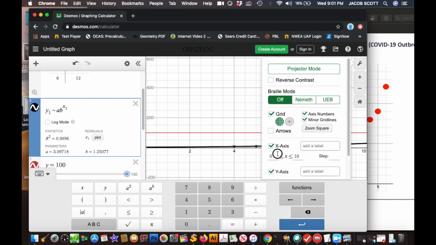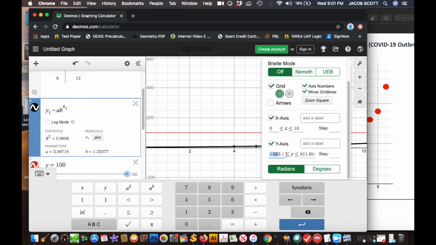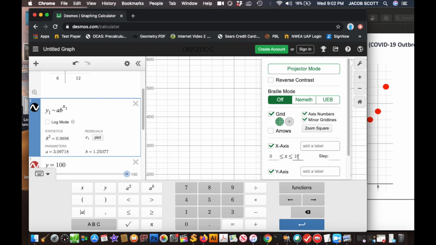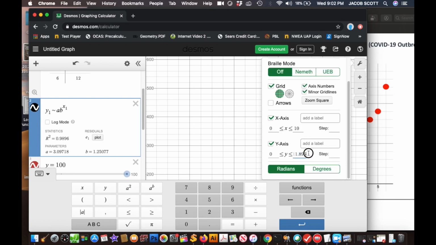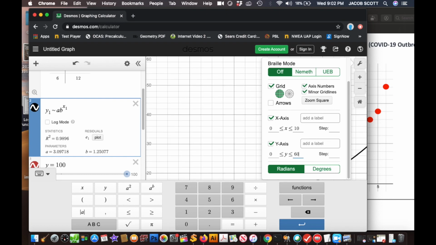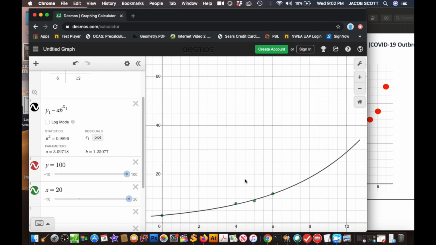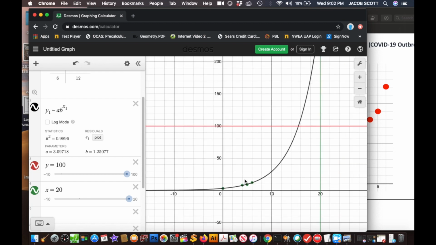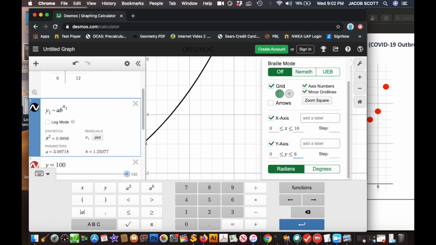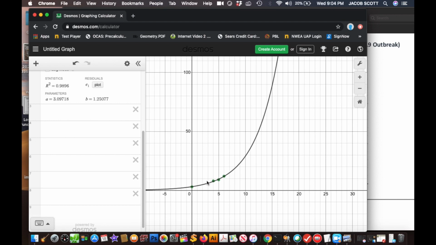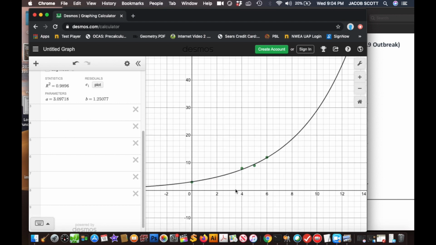I'll go from 0 to 60. Okay. So now, there we go. And we can see our 4 data points pretty clearly. There they are. Those are the 4 data points.